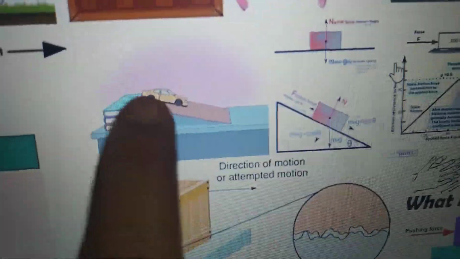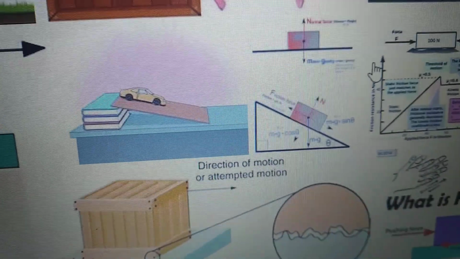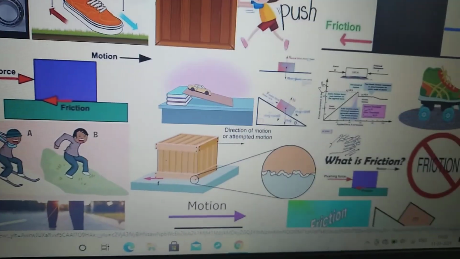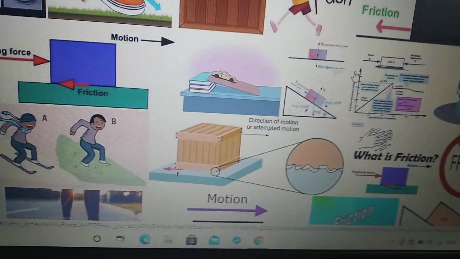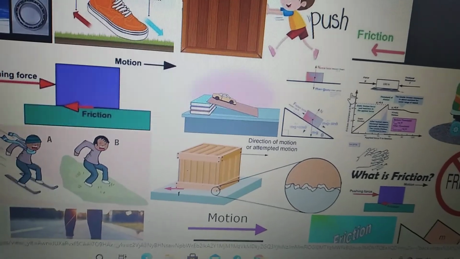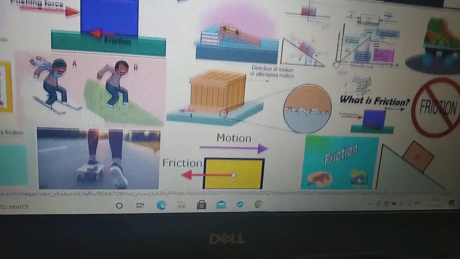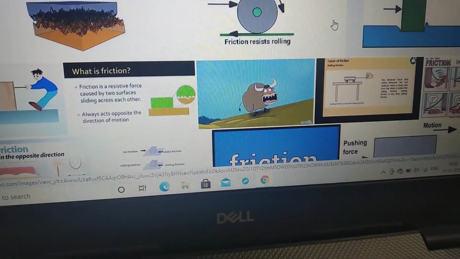When you are moving this object, it will easily move. It will slide, isn't it? That means less friction is there. If you keep that car on the carpet and touch it, it takes more friction to slide on that carpet. So that is called frictional force. Understood?